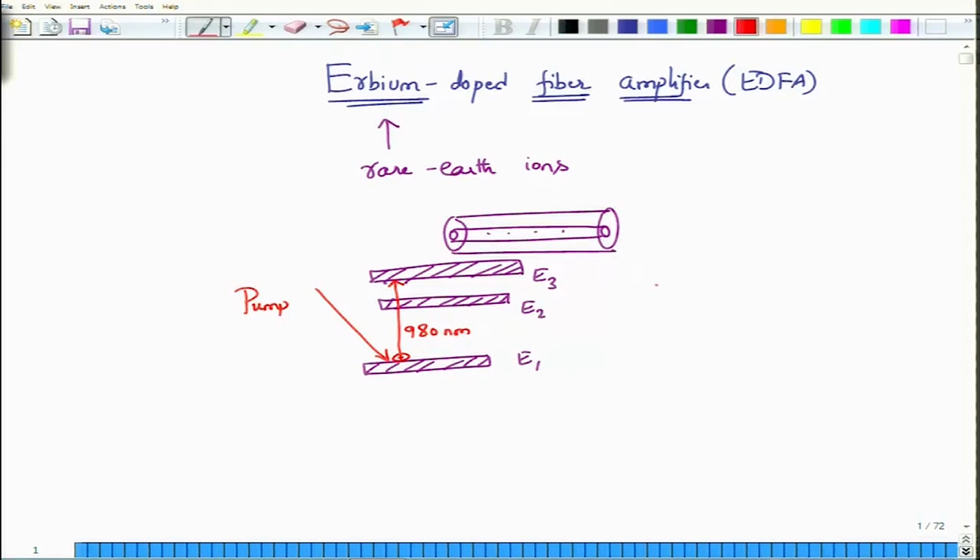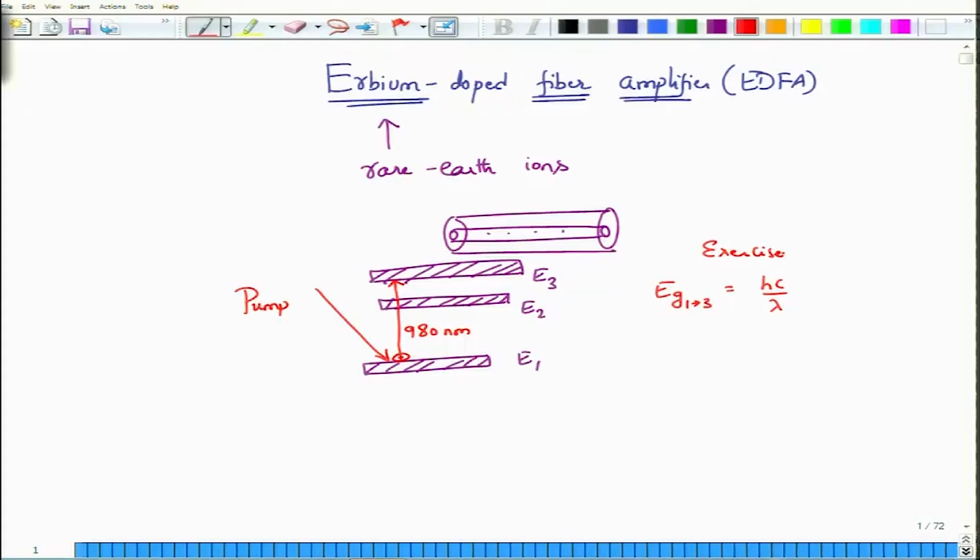You can of course calculate the energy gap between 1 and 3 by using this equation. Since I know h, I know c, and lambda is given as 980 nanometer, you can easily calculate the energy gap, and I will leave that as an exercise to you.